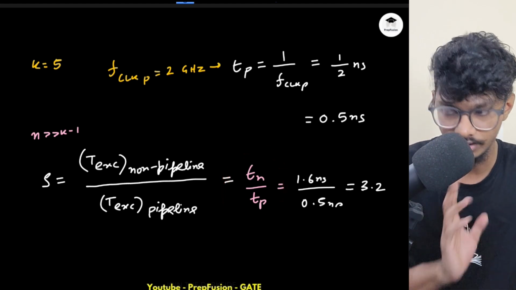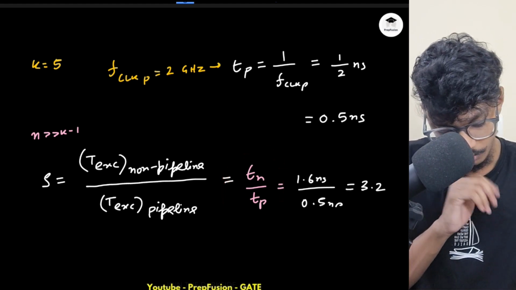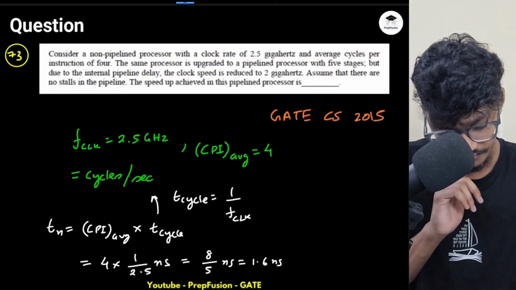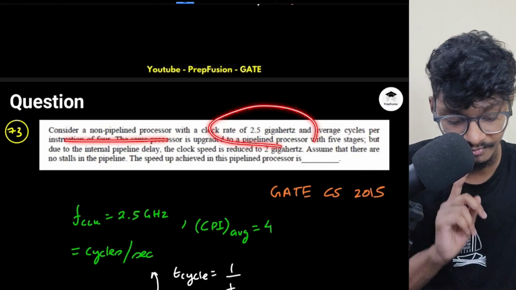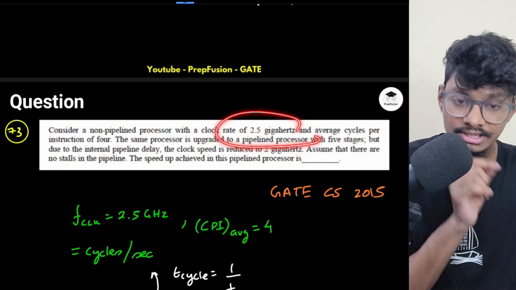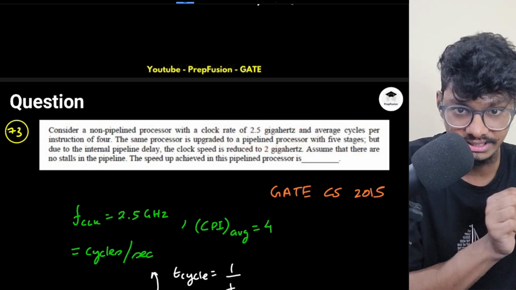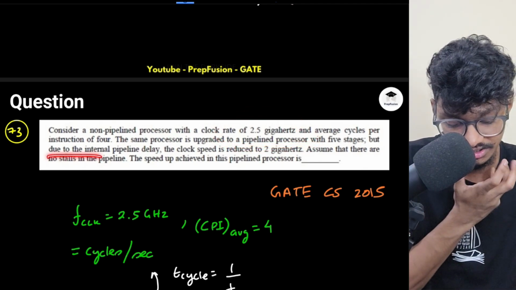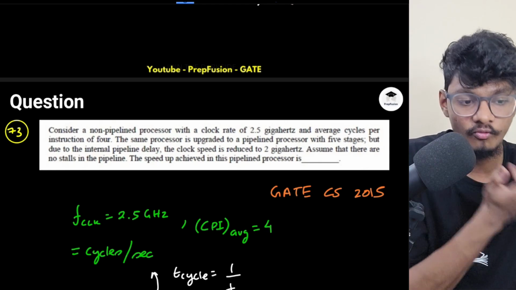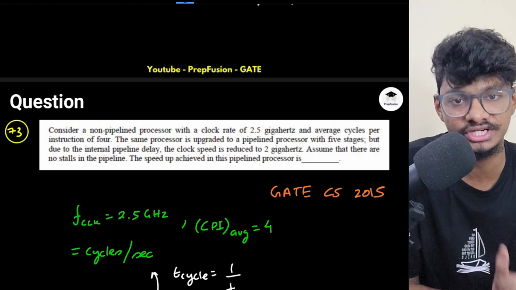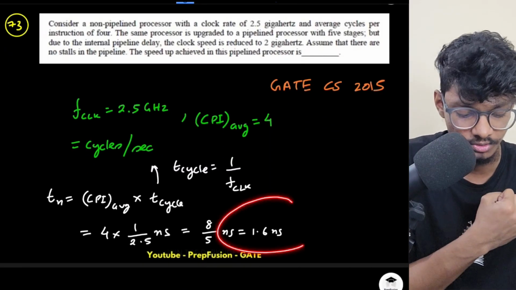I hope you understood this point. Another important point: for the non-pipeline system they have mentioned the clock frequency, which is cycles per second, and each instruction takes 4 cycles. So overall each task takes 1.6 nanoseconds.